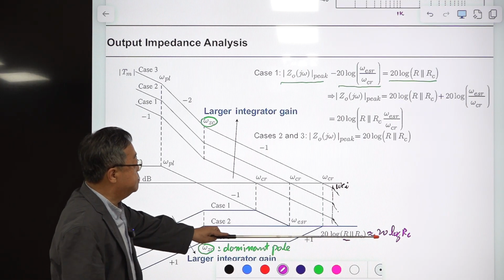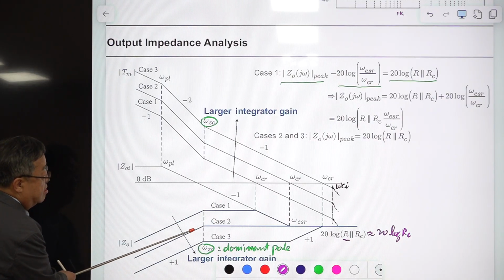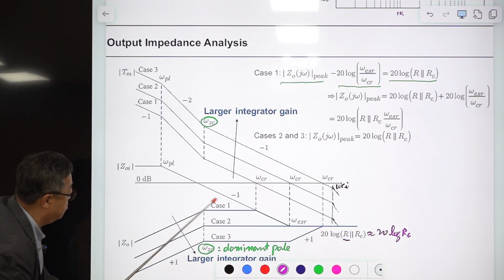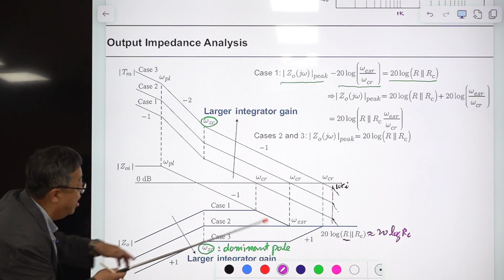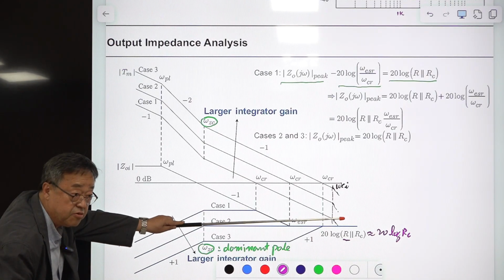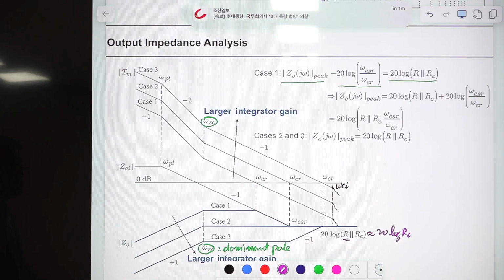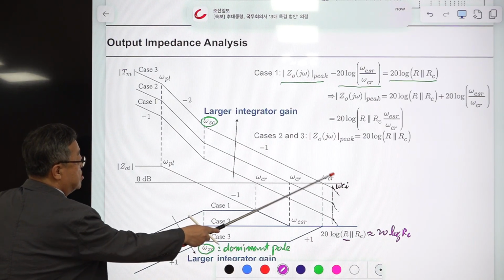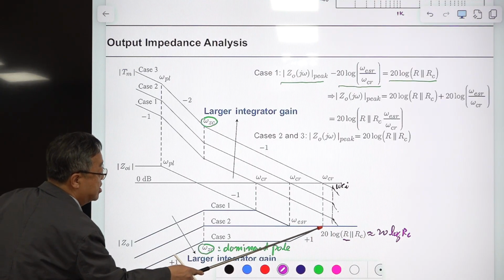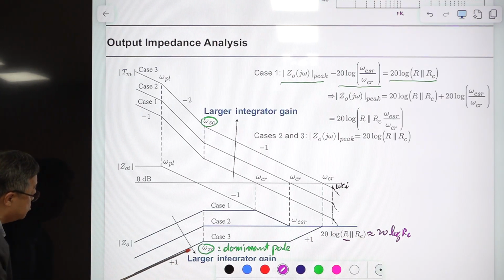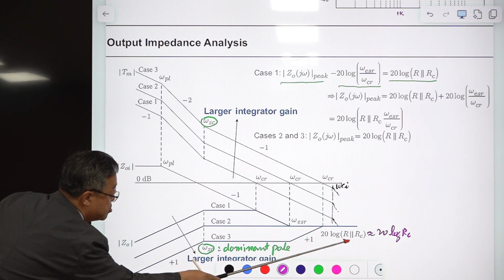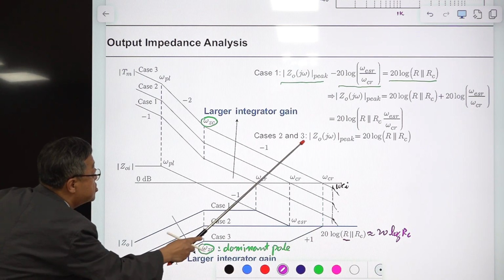Okay, so for this case, the maximum value of output impedance is this one, and the maximum value starts from here, and it stays at the maximum value here. Okay. For the case number 3, where this loop gain crossover frequency occurs after this omega ESR, you have this kind of structure, but the maximum value of output impedance remains the same as this case, which is this one.